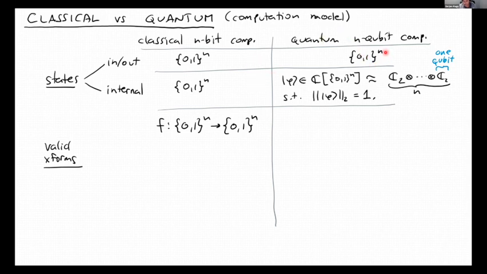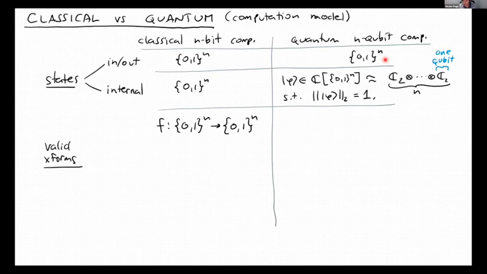Quantumly, for now, I'm going to take classical strings to be my input and output states, whereas my internal states are now going to be vectors living in the n-fold tensor product of a single qubit. So these are now vectors in a 2 to the n dimensional complex vector space, having norm 1.